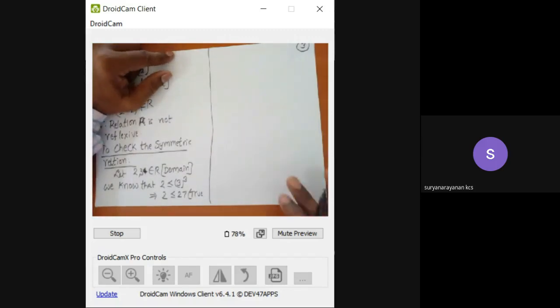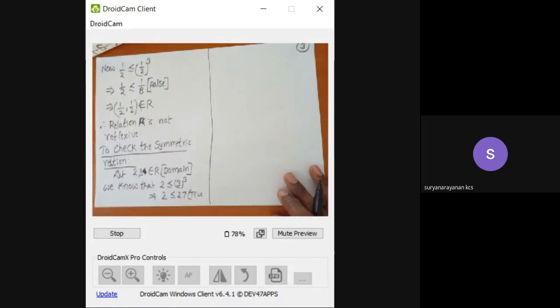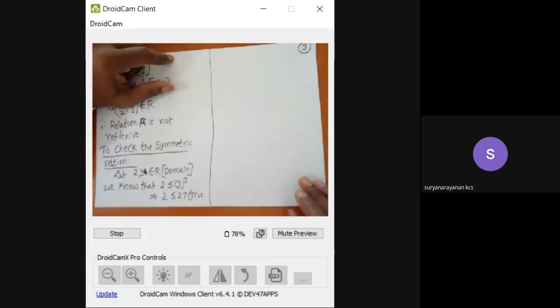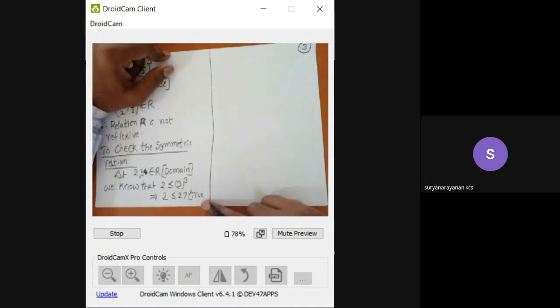Okay, my dear children. We have taken a counter example to show that the given relation is not symmetric. Now let us change their positions. If we change the positions, what will you get?